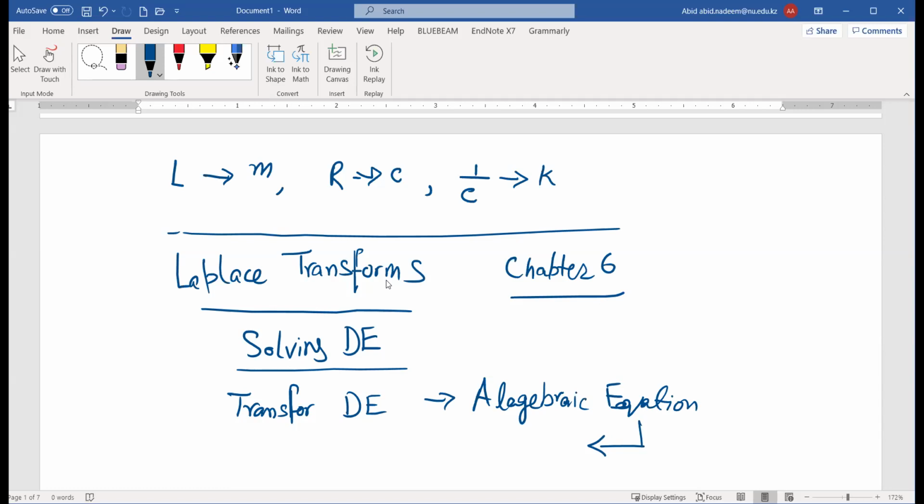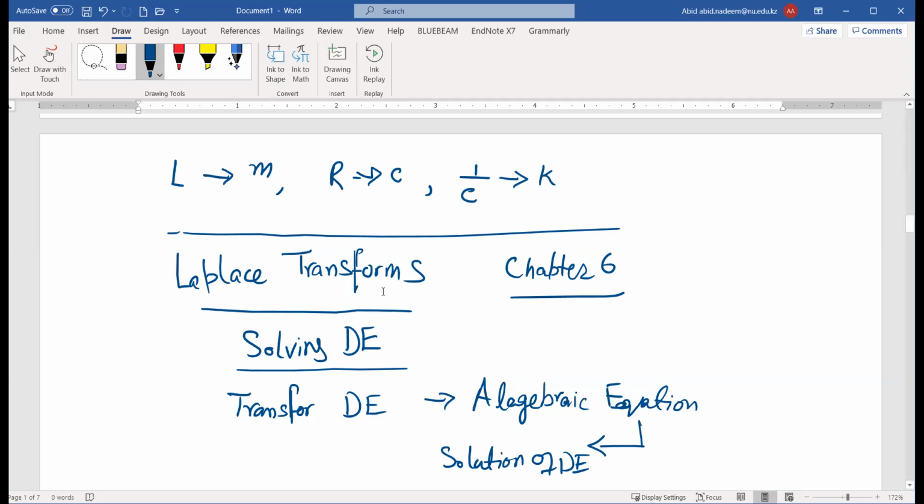So this is the process. Therefore, there is no need to apply those differential equation methods which you learned in chapter 1 and chapter 2. You can learn a new method for the solution of the differential equations.